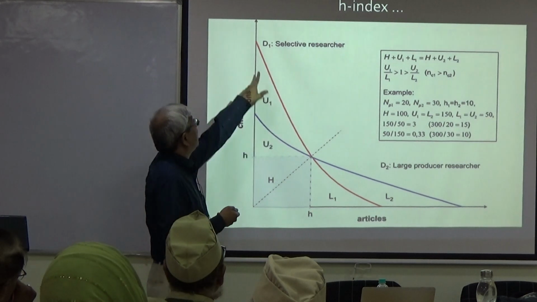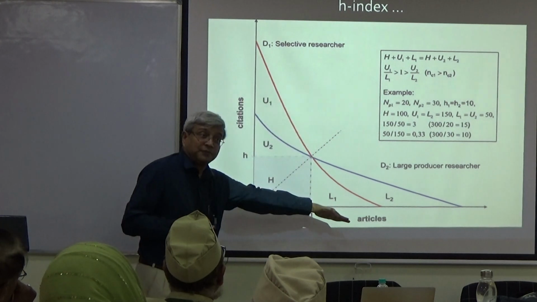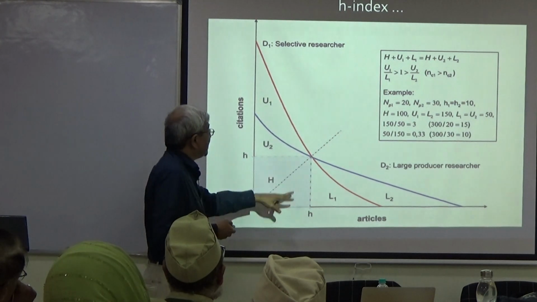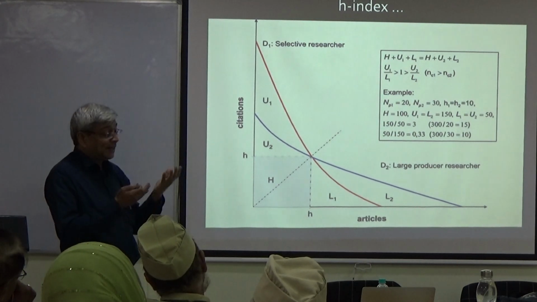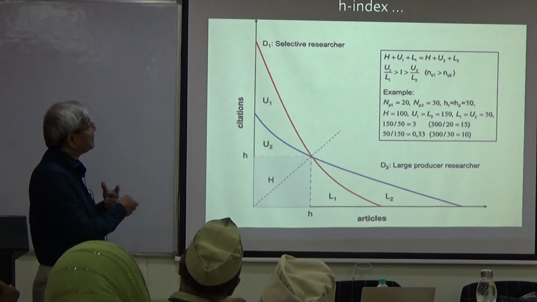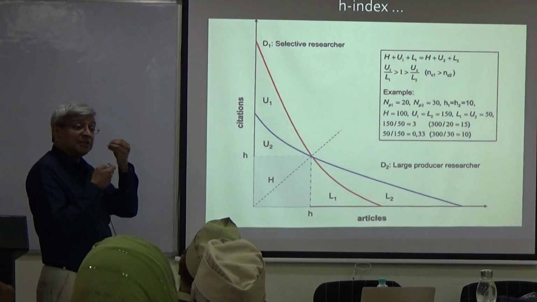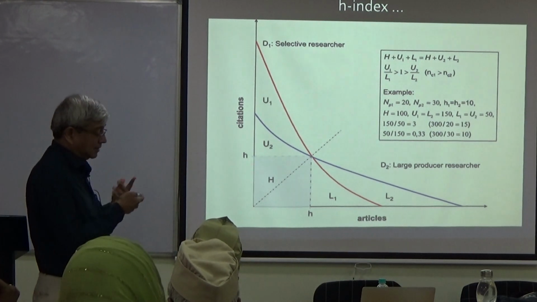So this person has low impact, this person has very high impact but publishes few, so it drops off dramatically. In both cases, the H index is high. Whereas if you were looking at what impact the person has, you would typically say the selective researcher, because having published a few very high quality papers, is probably better in the area.